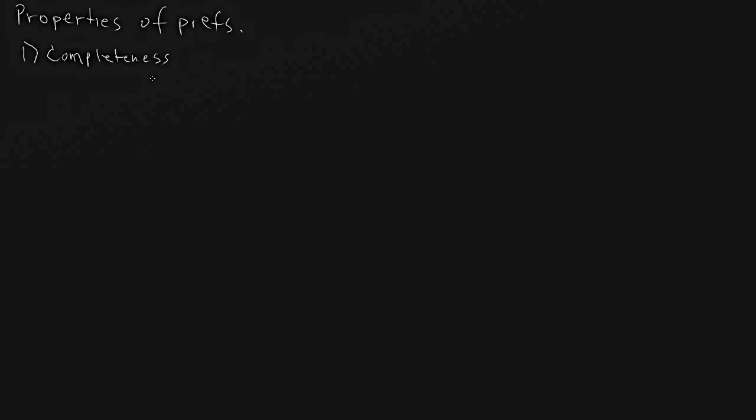And all completeness means is that the consumer knows their preferences for different bundles of goods. So if I had two bundles of goods, A and B, I would know that I prefer A over B, or I would know that I prefer B over A, or I would know that I'm indifferent between A or B. And what this does is this prevents the situation where we have two bundles and the consumer doesn't know which they prefer over the other.